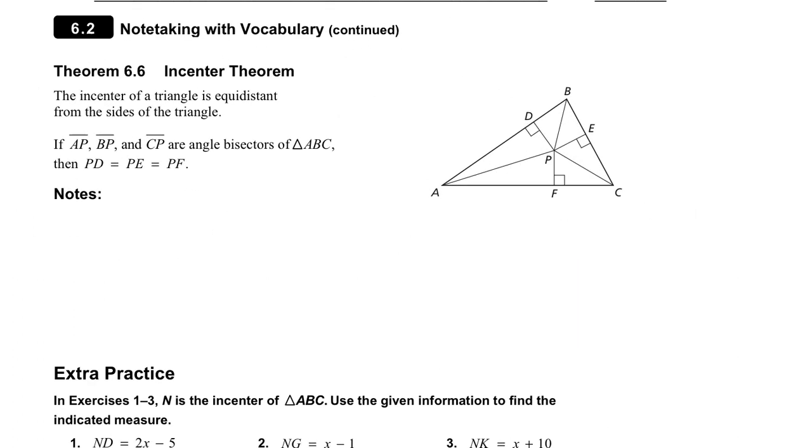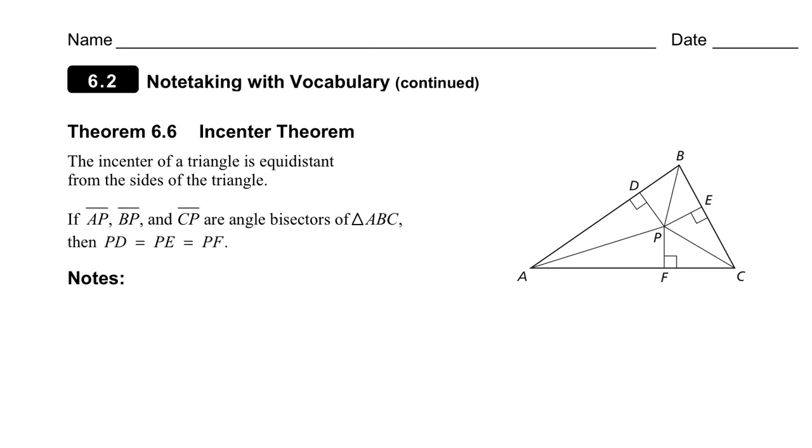Now let's go to the incenter theorem. The incenter of a triangle is now equidistant from the sides of the triangle. Now remember, the incenter is made from the angle bisectors. So let's go ahead and talk about what that looks like. I'm going to have my blue marks be my angle bisectors, my if part. So we have some angle bisectors here.